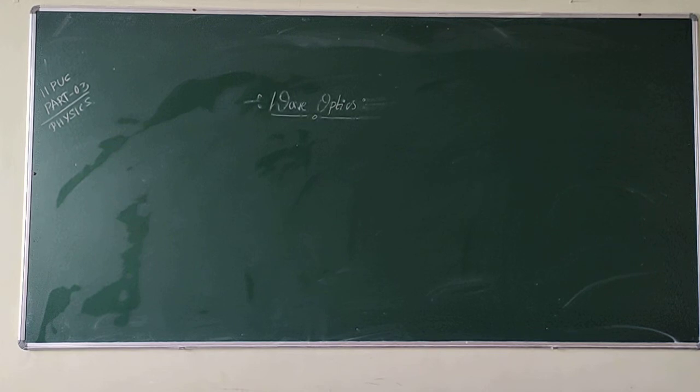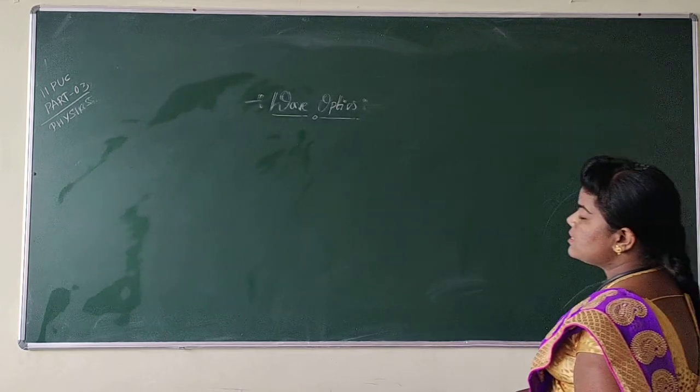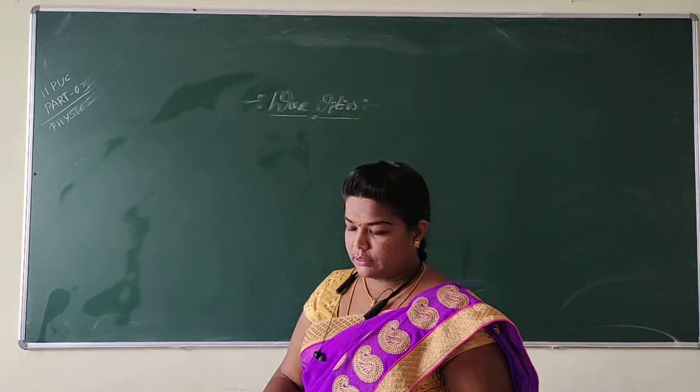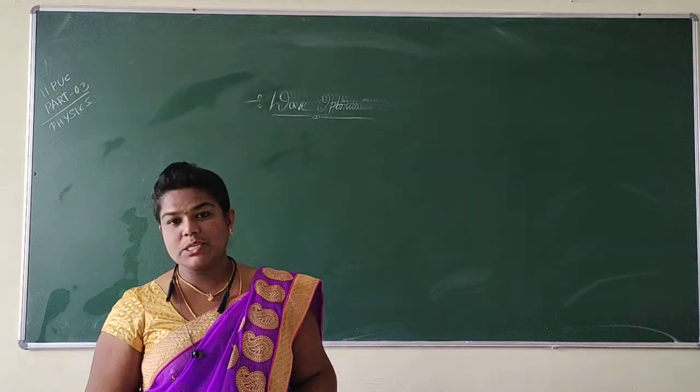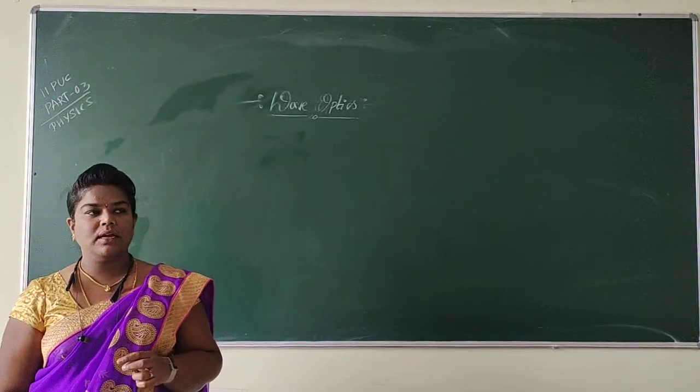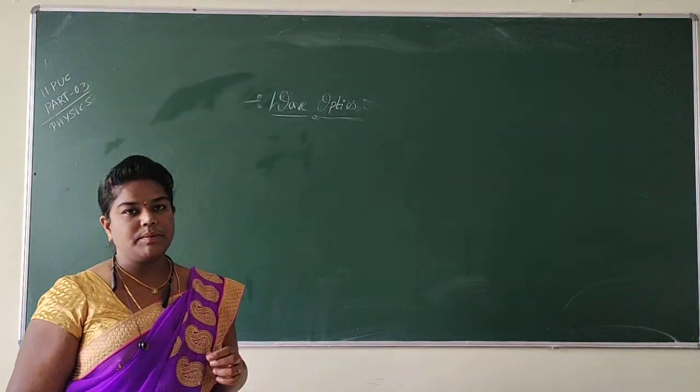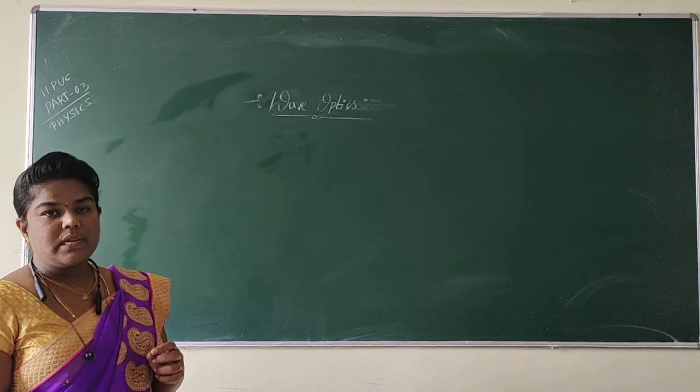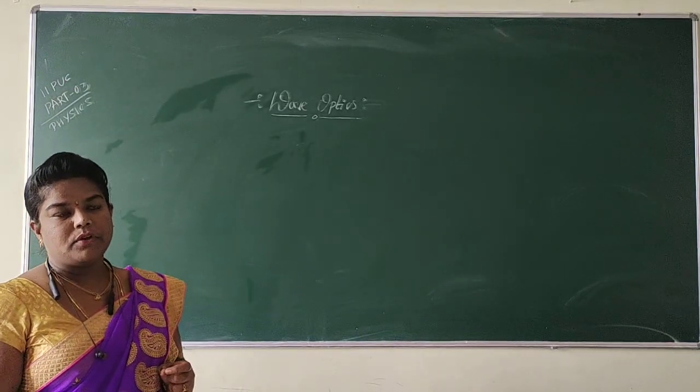As you know, in the previous class we were discussing the wave optics chapter. We discussed some of the laws, that is, the law of refraction and the law of reflection, just by using Huygens principle.